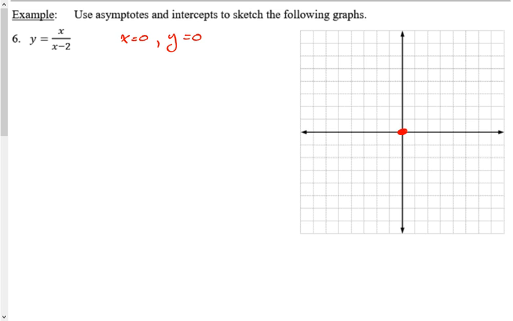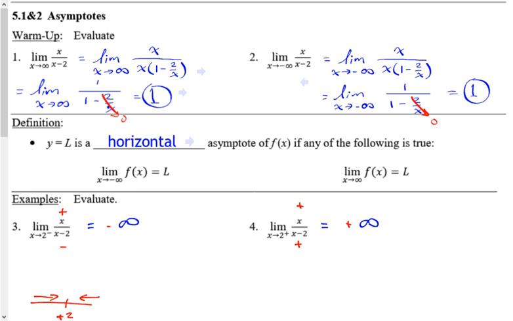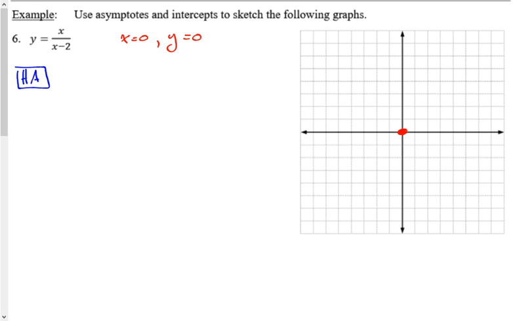Next, let's look for horizontal asymptotes. So here I'm looking as x approaches infinity. Well, we already did this, right? This is the same as the function we used in questions 1, 2, 3, and 4. So as I come back here, I had the horizontal asymptote at y equals 1. So I'm just going to say C, numbers 1 and 2, and I have y equals 1.